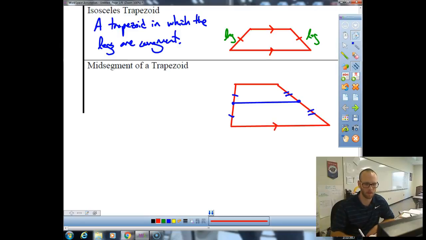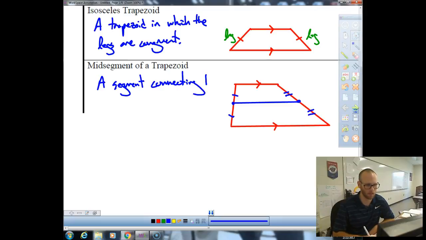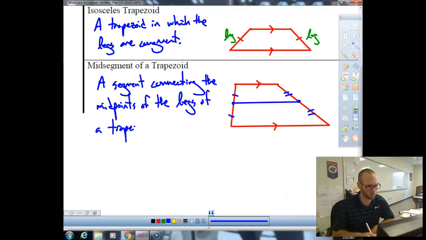Let me get my parallel signs in there for the bases. All right, there it is. Mid-segment of a trapezoid: a segment connecting the midpoints of the legs of a trapezoid. There we go.